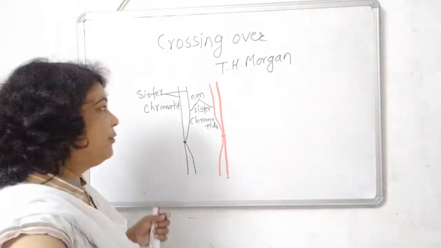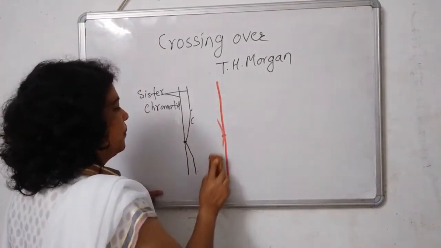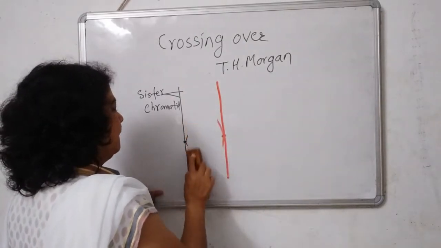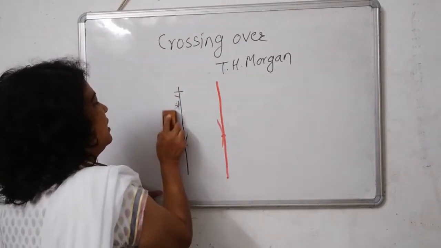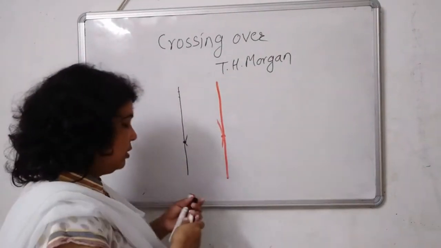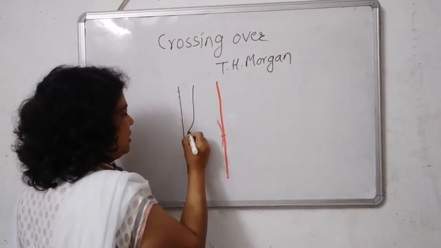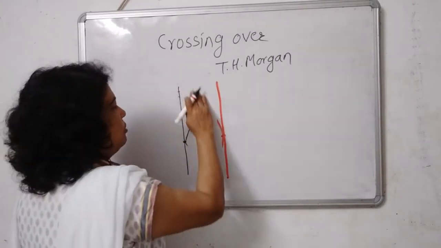At the time of crossing over, what happens? These non-sister chromatids show crossing over, or exchange their parts with each other due to the crossover.